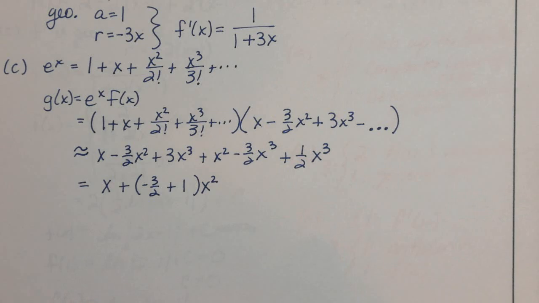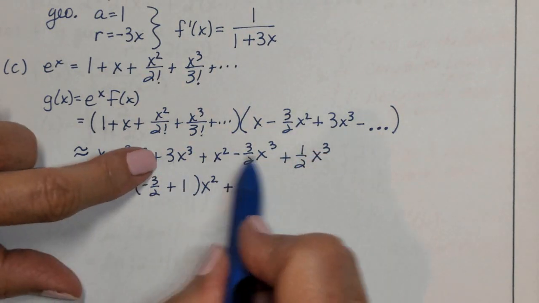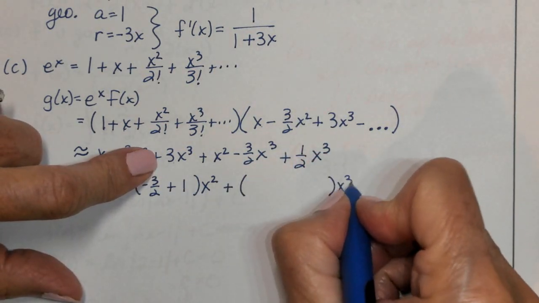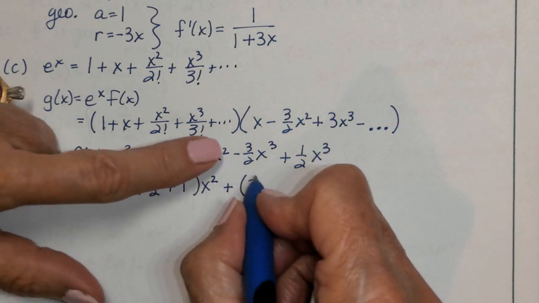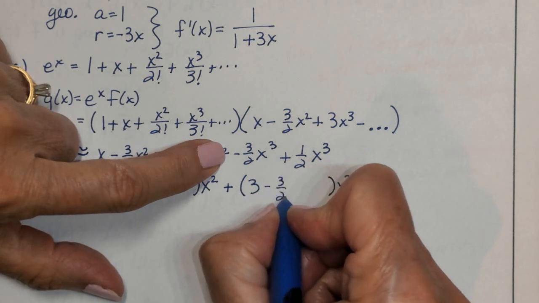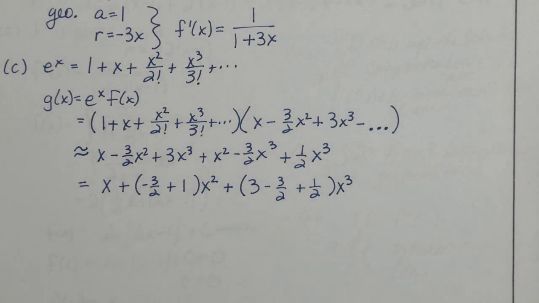If you want to go ahead and add those, you'll get a 1/2. That's fine. Now I'm going to do the same thing for my cube terms. There are 3 of them. I have a positive 3 from this one, a negative 3/2 from this one, and a positive 1/2 from that one. Now is it in the form of a third degree Taylor polynomial? Yes, it is. So this is where you have to get to get full credit for this problem.